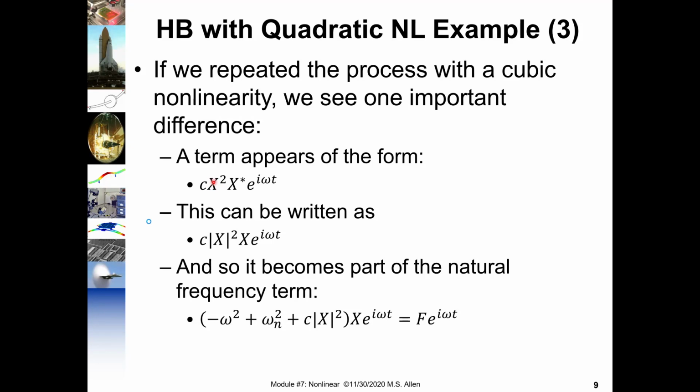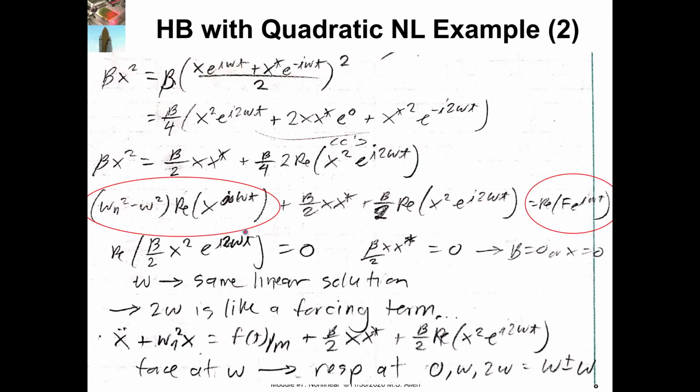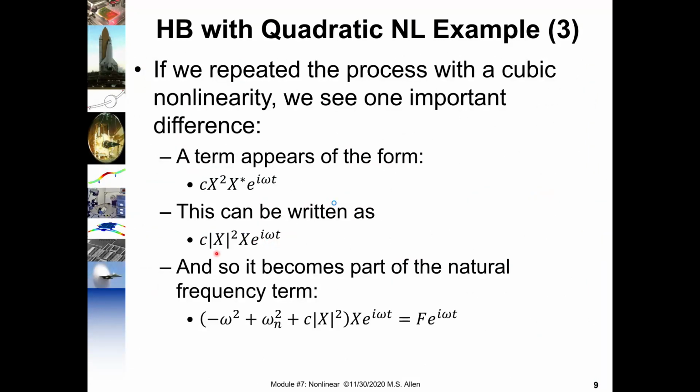We have complex amplitude squared times the complex conjugate of the complex amplitude. So if we recognize that x times x star is just the magnitude of x squared, we can rewrite that term like this. And then when we go back to balance the terms at e to the i omega t, we will have an additional term. So if we write that equation, we get this.